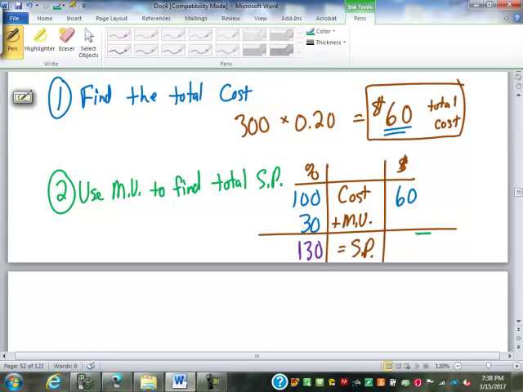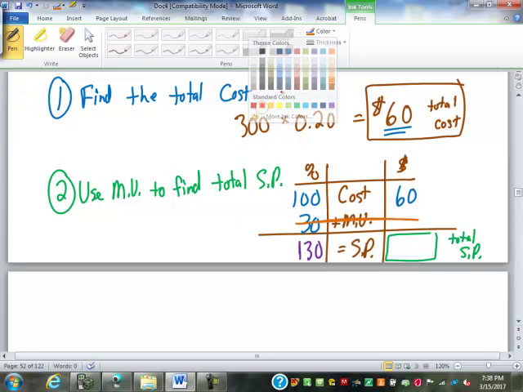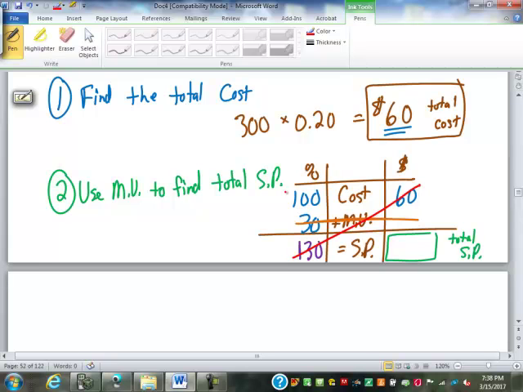We're looking for the total selling price now. Don't need the middle row. So 130 times 60 divided by 100 is $78 is our total selling price.